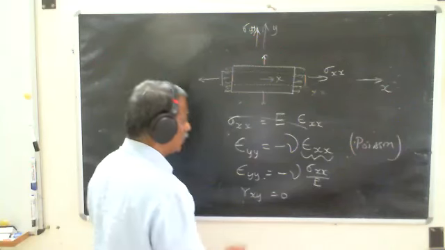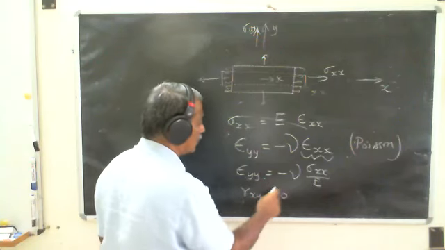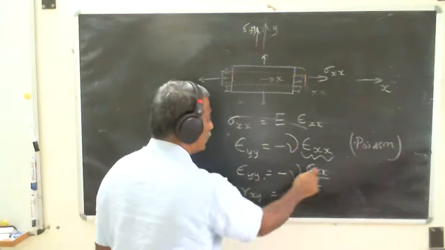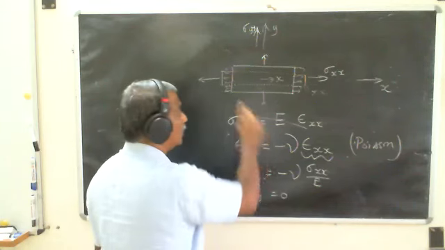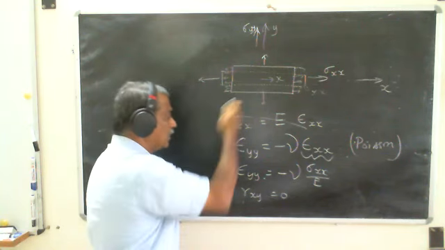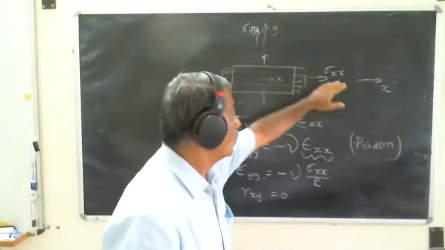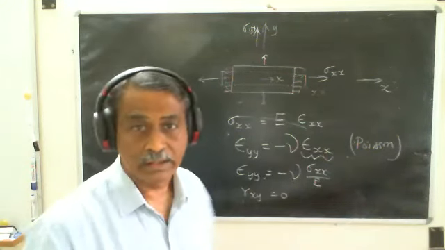And epsilon yy, which is the contraction that has occurred, is negative nu times sigma xx by E, and there is no shearing strain that has occurred, and therefore zero. This is what we got from just applying one directional stress.